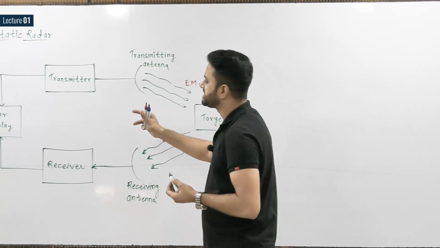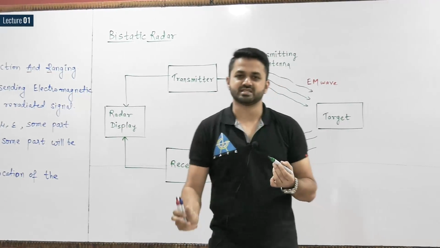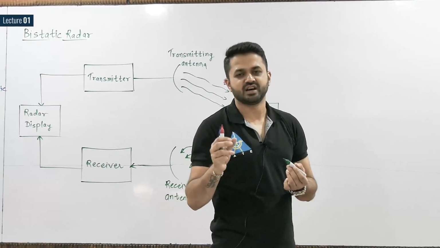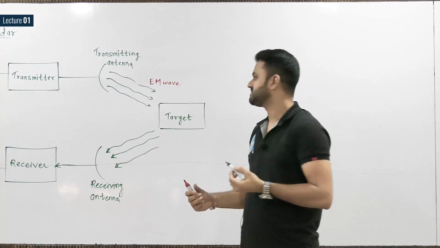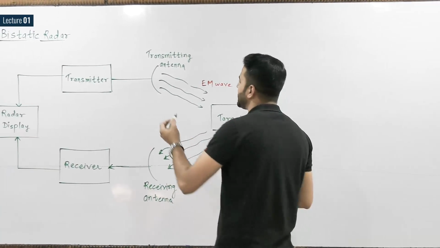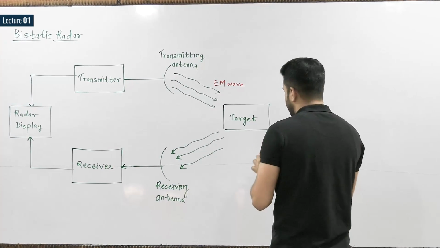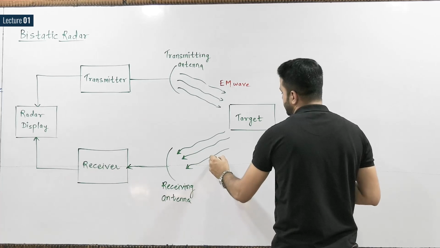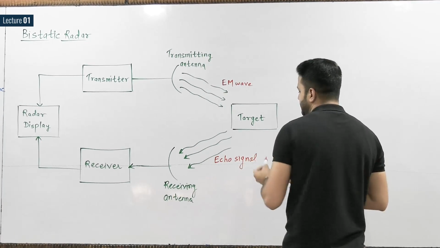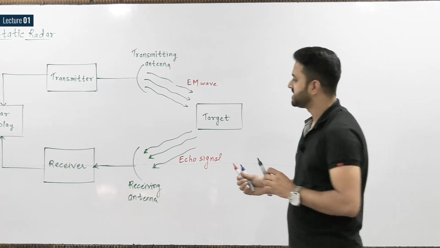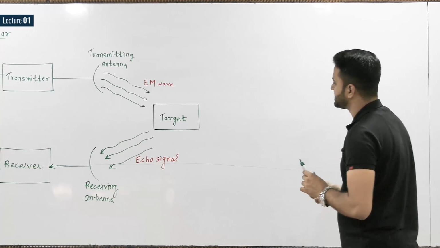That is why it is called bistatic radar. Bistatic radar means we have separate antennas for transmission and reception, because we are transmitting high power with this transmitting antenna, and after transmitting we have the re-radiated signal. This is known as the echo signal, and this echo signal is received by the receiving antenna and processed in the receiver. So this is the block diagram of the bistatic radar system.